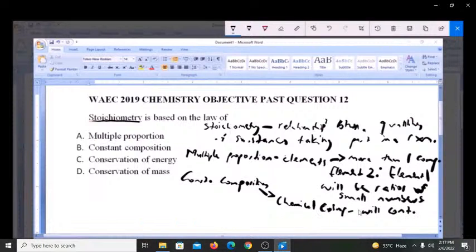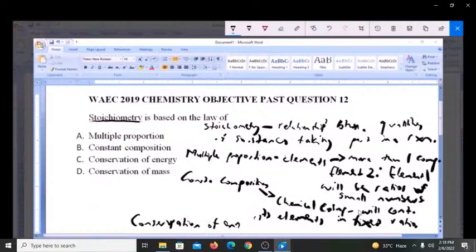Will always contain its elements in fixed ratio. Now, for the law of conservation of energy, energy can neither be created nor destroyed.